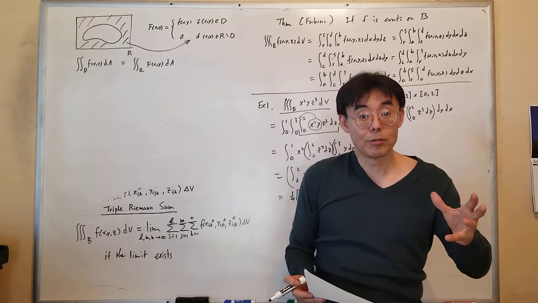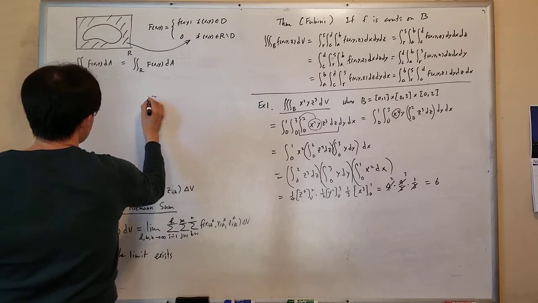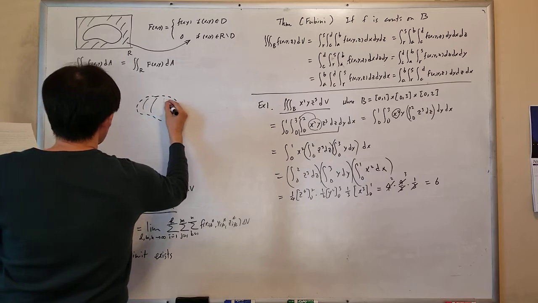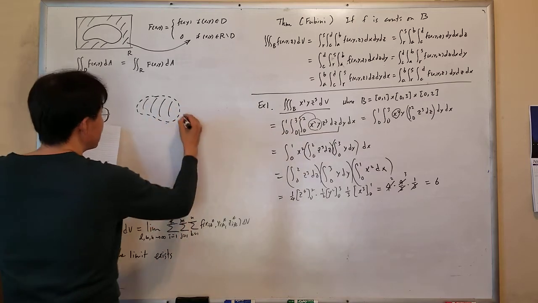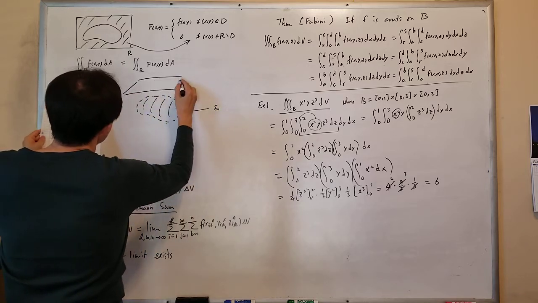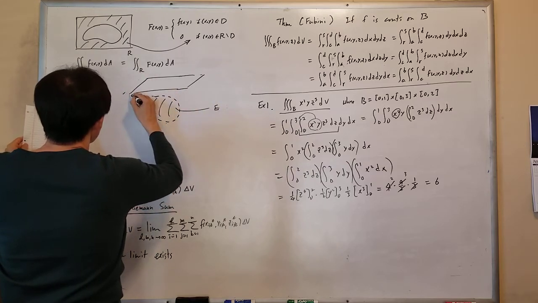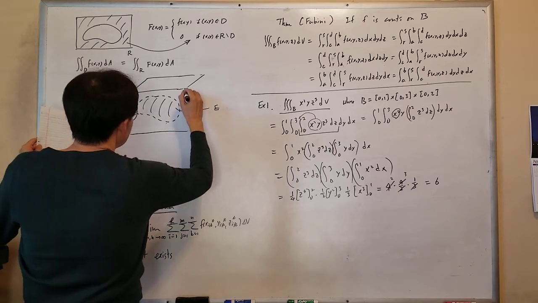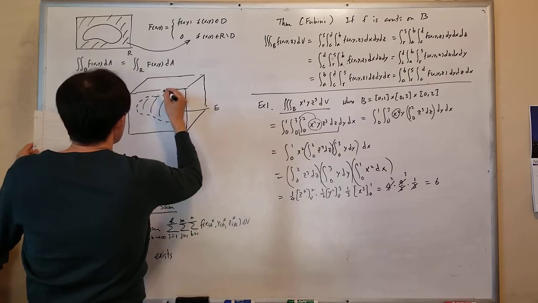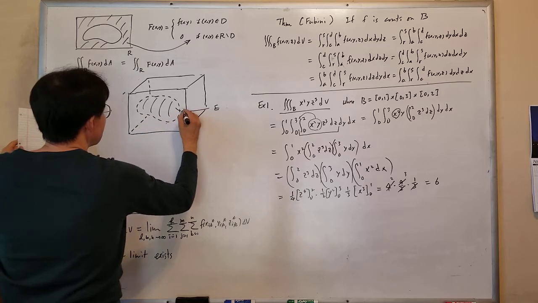The triple integral over a general domain will be defined the same way. So if you have some three-dimensional region E, then we consider a big enough rectangular box which contains this inside.